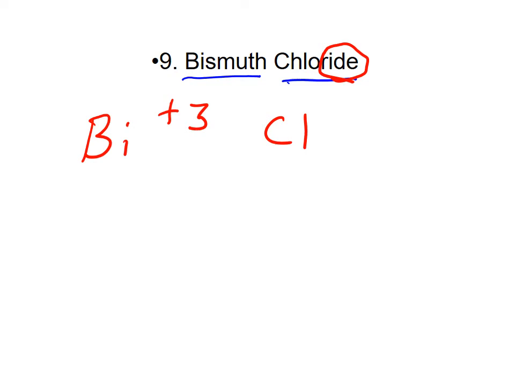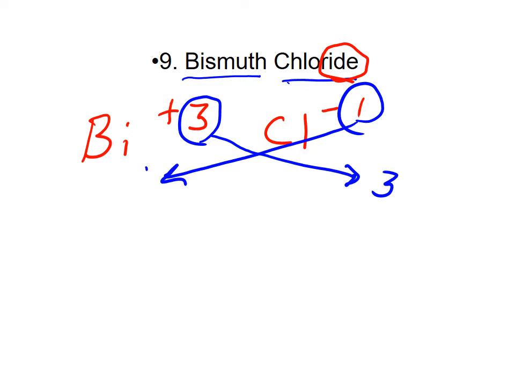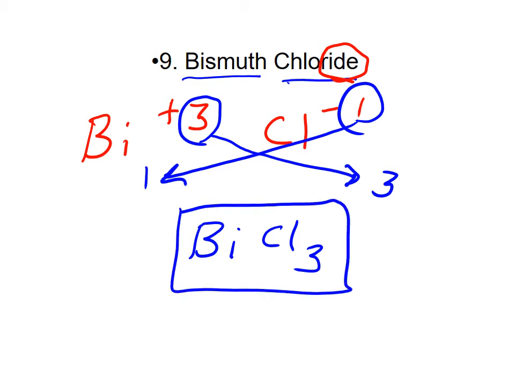That's chlorine, that's Cl -1. So once again, we're going to have to cross. The 3 would come down here. The 1 comes over here. So when we clean it up, we have Bi. We don't need to write a 1 ever, but we do need to have Cl with 3 after it as a subscript.